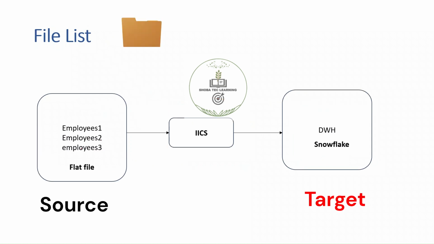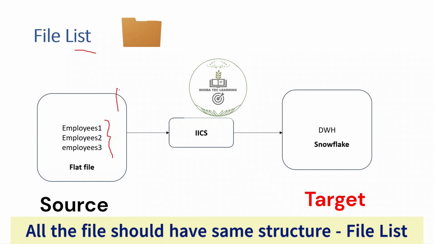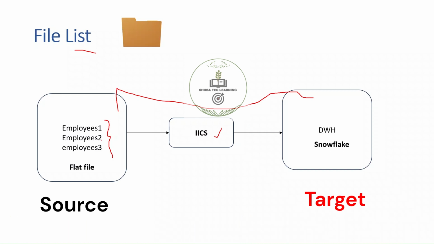Now consider a scenario where we have multiple files from our customer, in the same structure, please note it down. In that case we can use the file list in the source itself and the data will be moved to the target with the help of IICS.